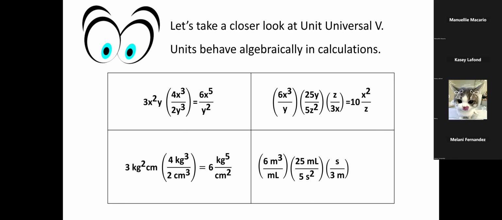They really are a part of that measurement, because that measurement has no meaning without them. So just like that 25y stays together, our 25 milliliters is kind of a thing. So the milliliters part can cancel, and the 25 can get combined with all the other numbers as well. And we're going to end up with the same form over here. We're going to have 10 meters squared per second.